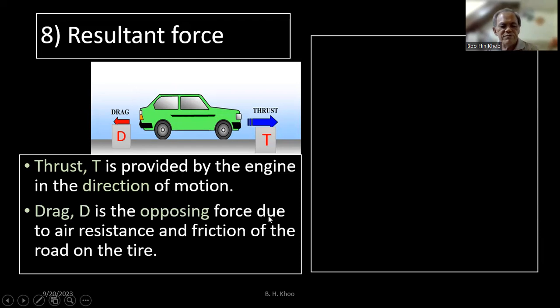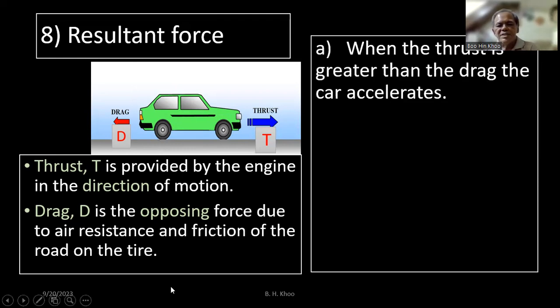Drag is the opposing force due to air resistance and friction between the tyre and the road. When the thrust is greater than the drag, the car accelerates. That's the thrust, that's the drag.